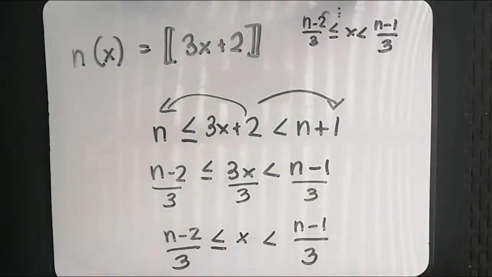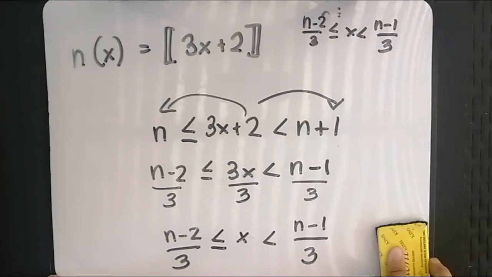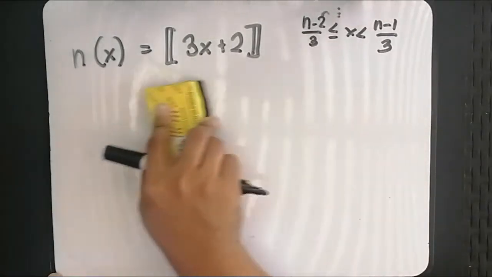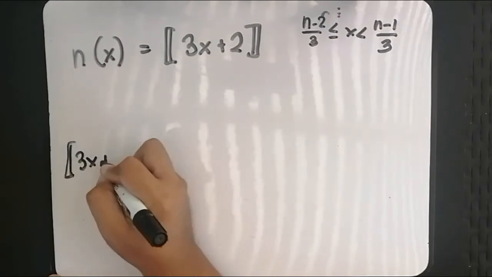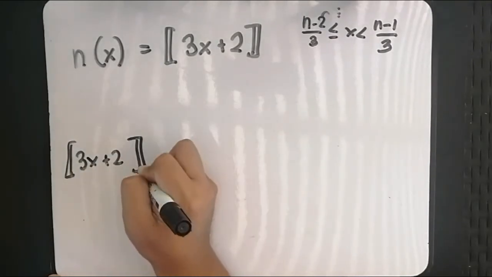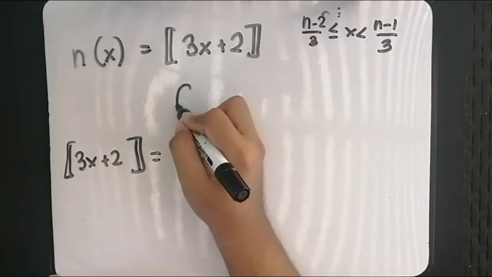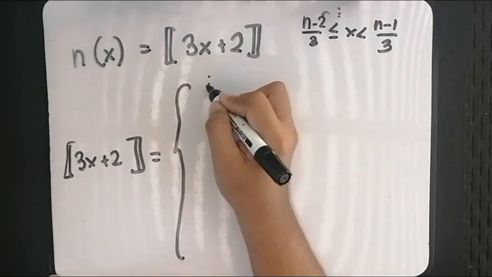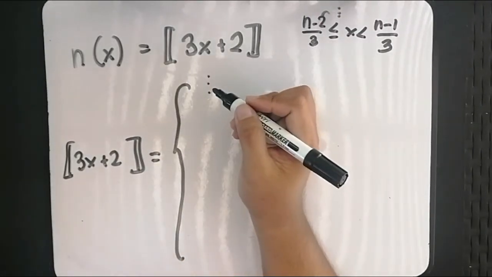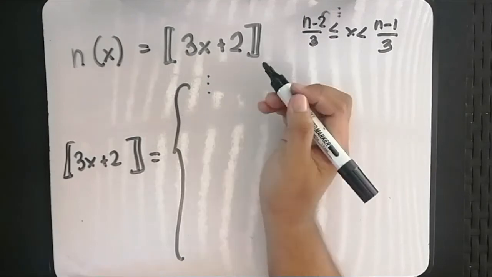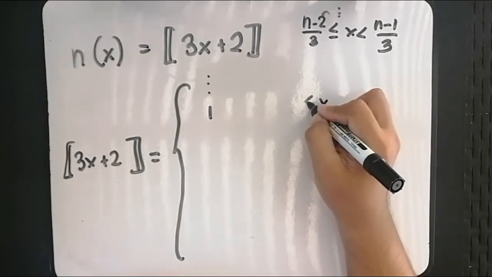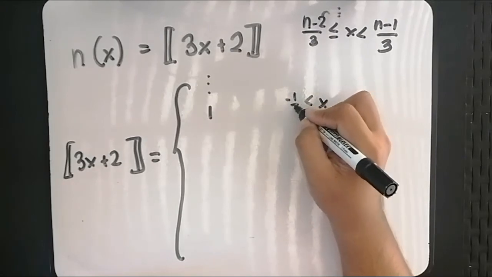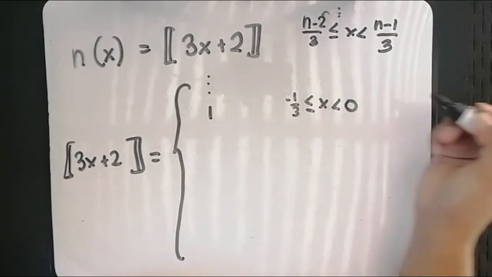So if we set up the piecewise function, okay, so the piecewise function, medyo marami-rami ito. So we have 1 whenever x is greater than or equal to negative 1/3 but less than 0.